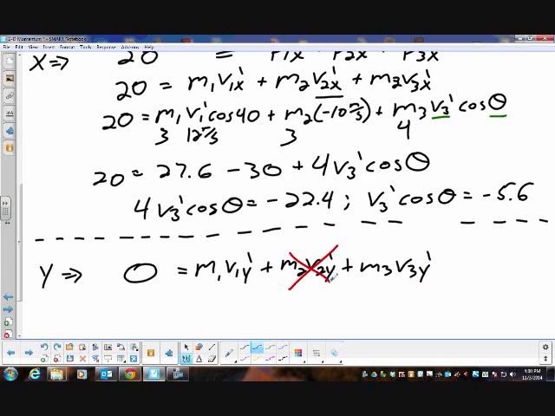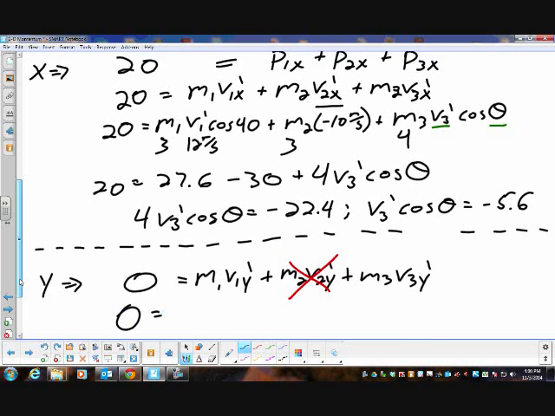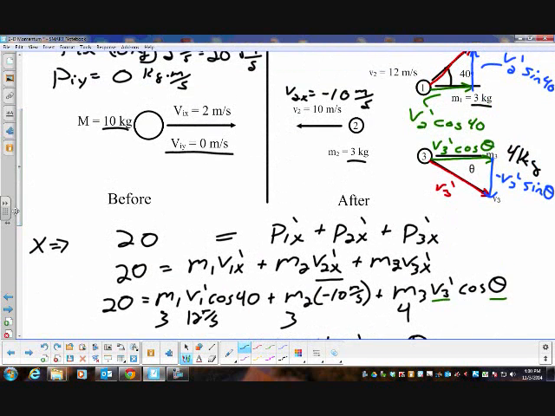This is 0 because the second object has no y velocity components. So I'm going to go through and, using this information for my y components, I'm going to plug it into this expression.